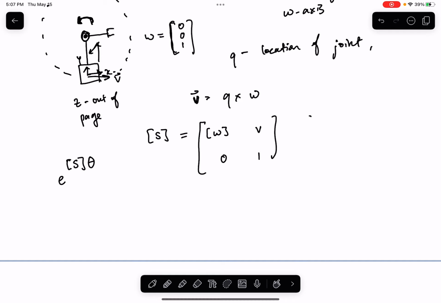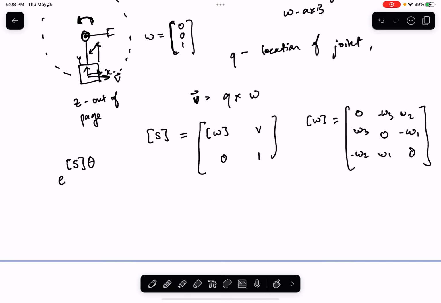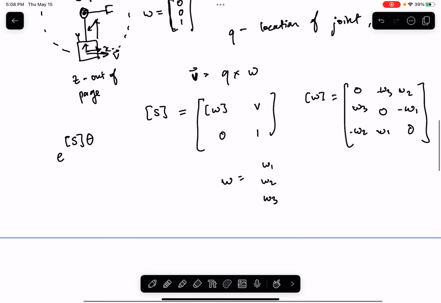And we can just write this as 0, omega 3, negative omega 2, omega 1, 0, 0, and omega 2, where omega can be written as omega 1, omega 2, omega 3. Now, how does this help us?